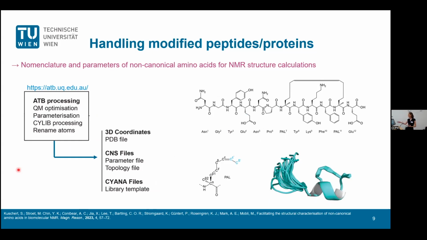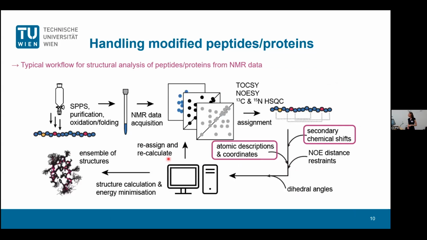I think it's still compatible with this, and perhaps we can work a little bit more at bringing these two together, in talking to each other about how to handle fancy peptides where you might have unusual bridges and connections and non-standard amino acids. So that's one example of some of the groundwork in figuring out how we handle these modified peptides and proteins in a standard structure calculation workflow.